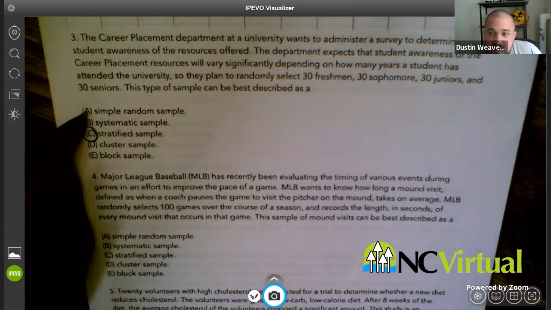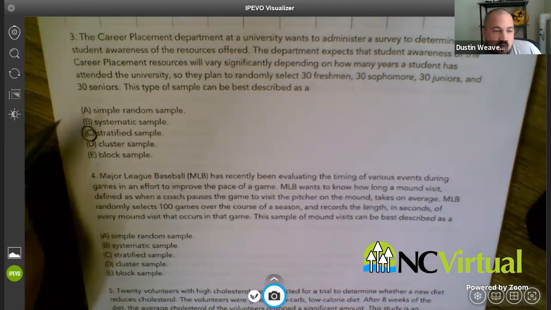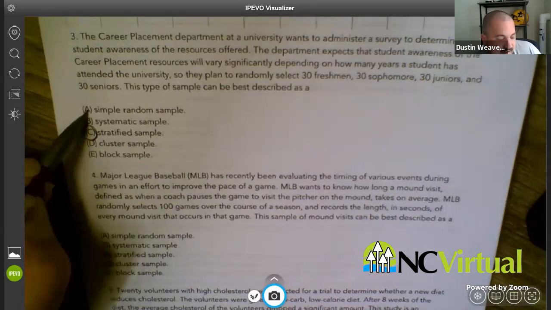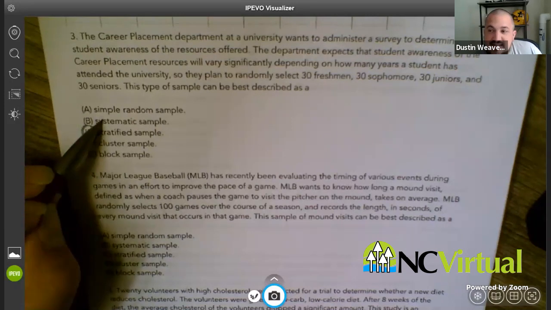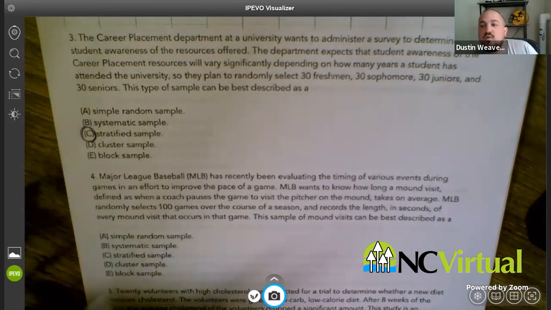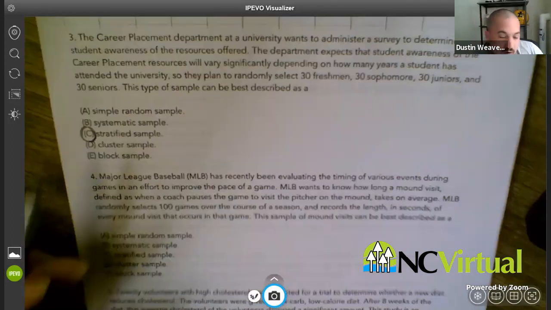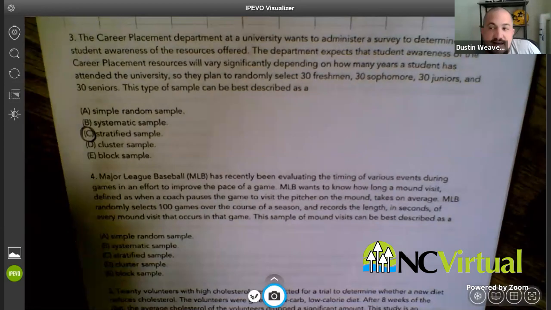A simple random sample would just mean everybody was put together. So if there was 120 of them, we would just sample 120. They would all be put together and given an equal chance of being selected. A systematic sample means you have a system in place, like you pick every 5th person that walks through the door or every 10th person in line.